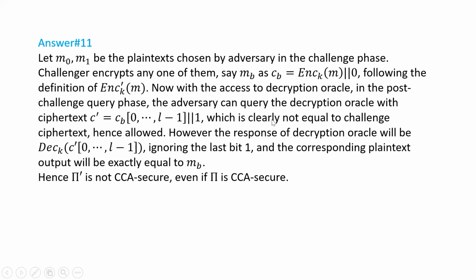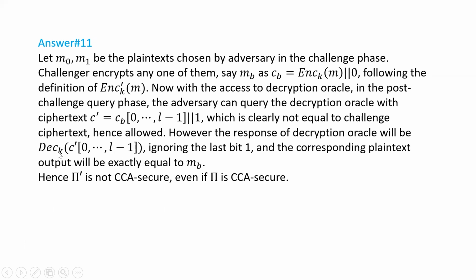Now what happens? The way Dec-K is defined, decryption of the scheme PyDAS is nothing but the original decryption operation with respect to the first L bits of the ciphertext. The first L bits of C dash are exactly equal to the first L bits of CB.